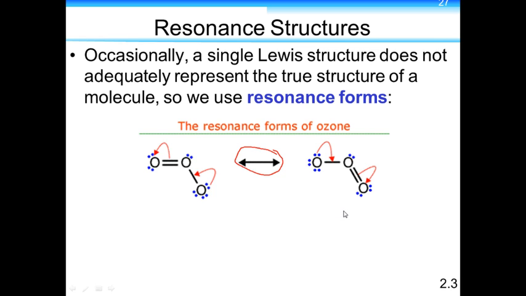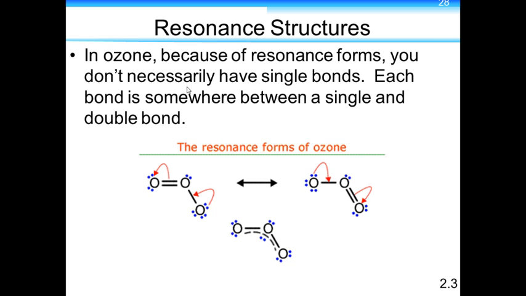So, again, what that means is essentially if you can have electrons move around the molecule to have a double or triple bond in different locations, then those are different resonance forms of a molecule. And because of these resonance forms, the actual molecule doesn't really have single and double bonds.